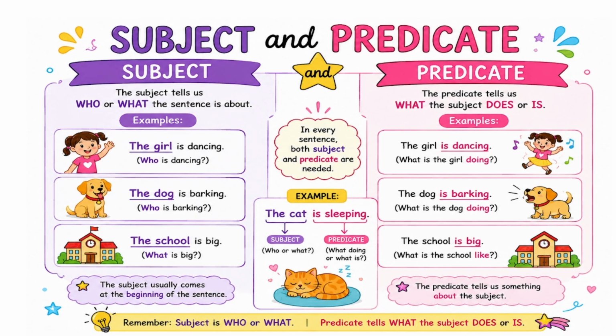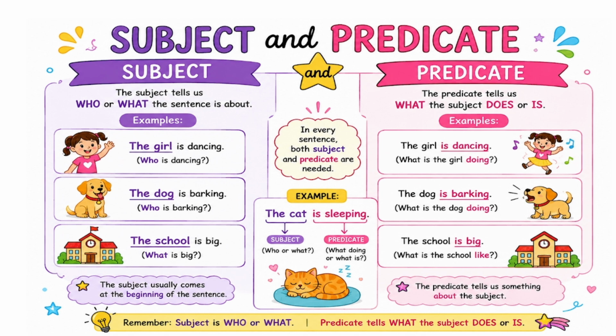Now we'll discuss the predicate. Predicate ये है कि जो subject है वो क्या कर रहा है, ओके, या जो कोई भी चीज़ है वो क्या अपने बारे में बता रही है. ठीक है. The predicate tells what the subject does or is, कि वो सब्जेक्ट क्या कर रहा है या वो क्या है. Okay, now look at the first example on the left side.